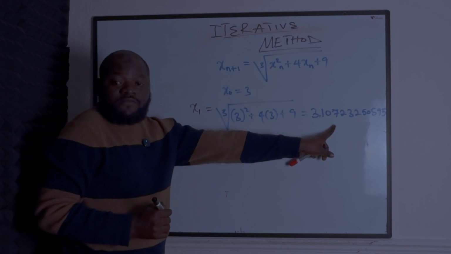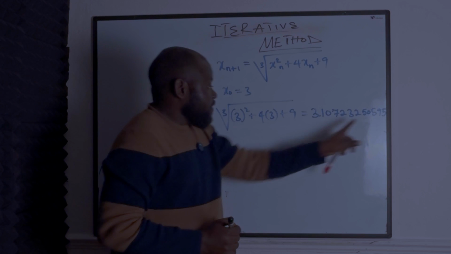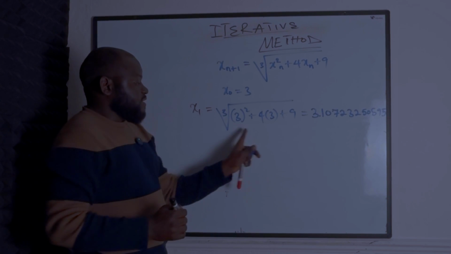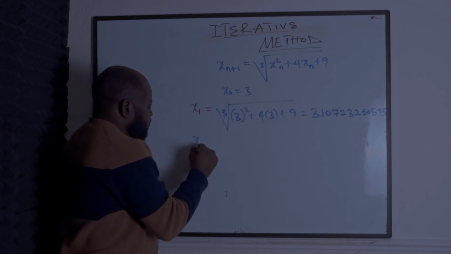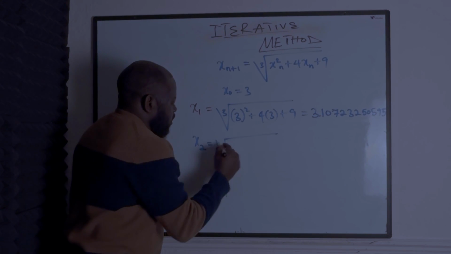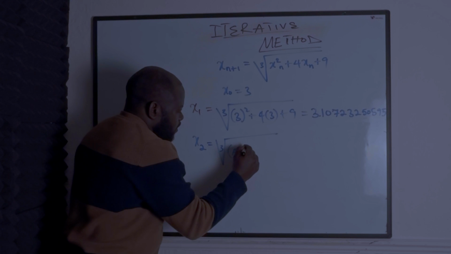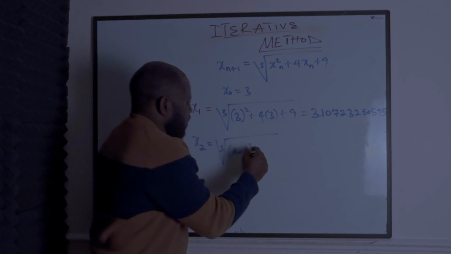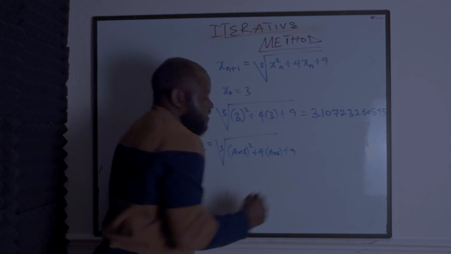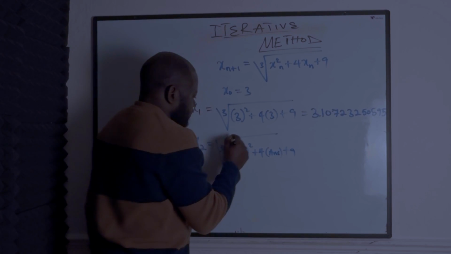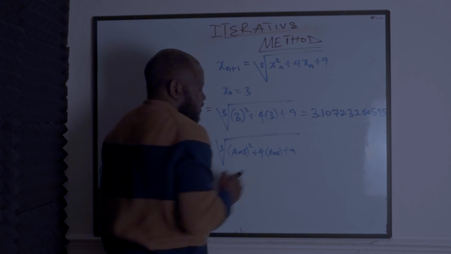Now that I've gotten this answer, it is what I'm going to use in place of x. Are you getting this now? That means x2 is now going to be the cube root of answer squared plus 4 into answer, then plus 9. Are you getting this now? The cube root covers everything.